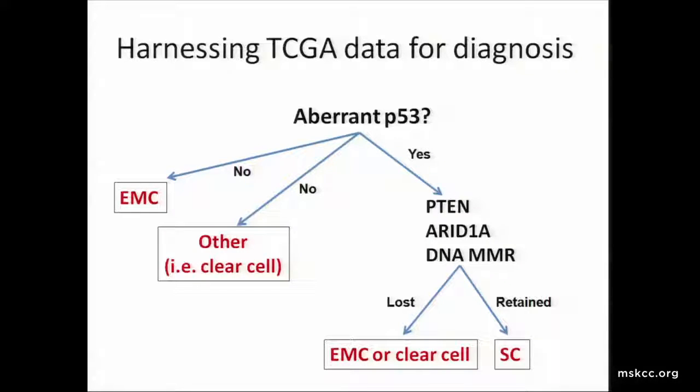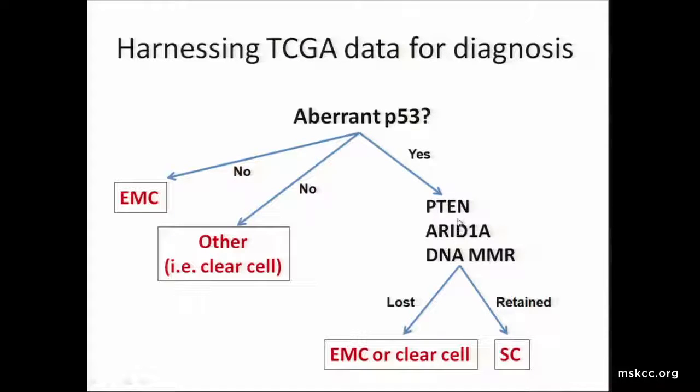So what we've begun to do is we've learned from the TCGA and from our experience studying the POLE mutated endometrial cancers and have expanded this algorithm as follows. If we have a tumor that has aberrant P53 expression, we favor diagnosis of serous carcinoma but cannot completely exclude a P53 mutated grade 3 endometrioid or P53 mutated clear cell carcinoma, at which point we do these immunohistochemical stains.